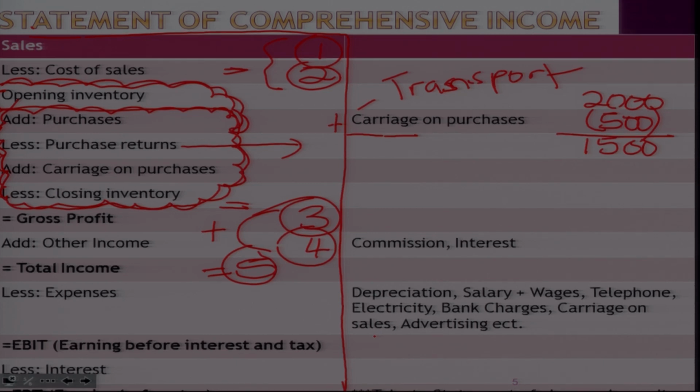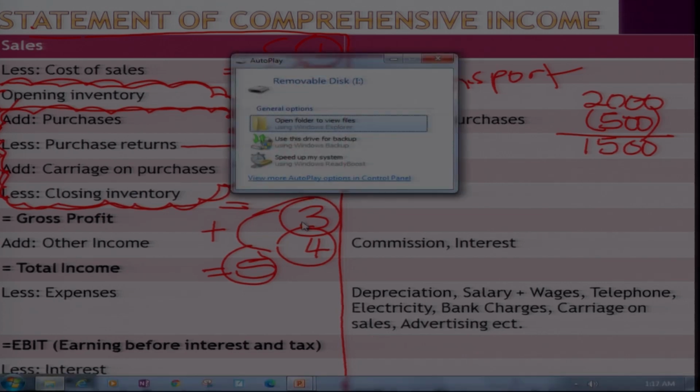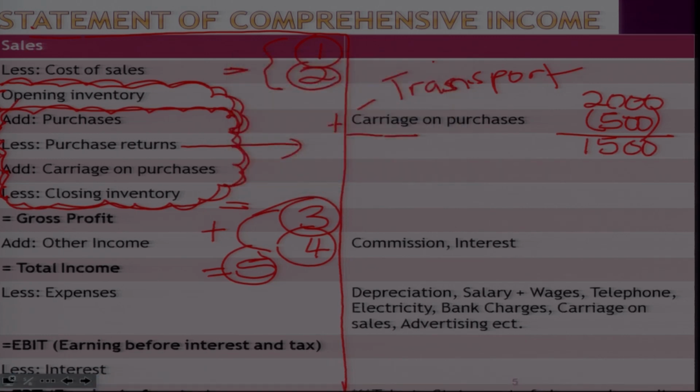Then you get your less expenses. Now expenses is all those things that you need to pay to get your business or to keep your business running, right? For example, you need to pay salaries. If you're not selling the handbags yourself, you've got salespeople. You need to pay them salaries or wages. You need to pay for your telephone, your electricity. These are all expenses that you normally have when you run your business.